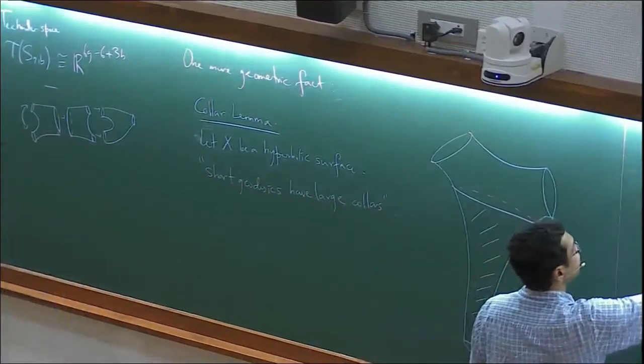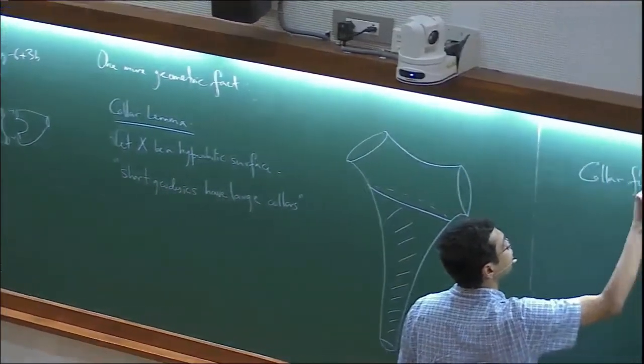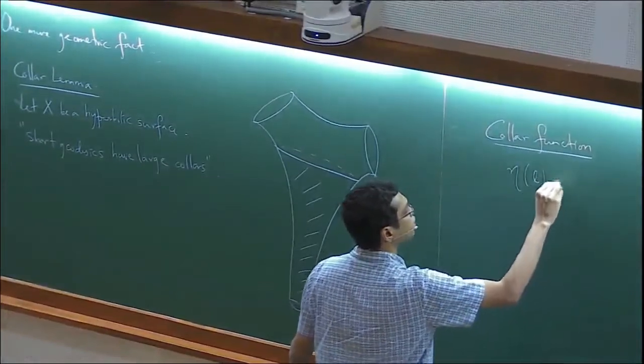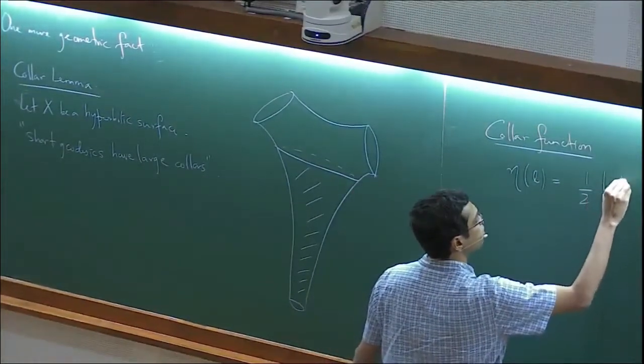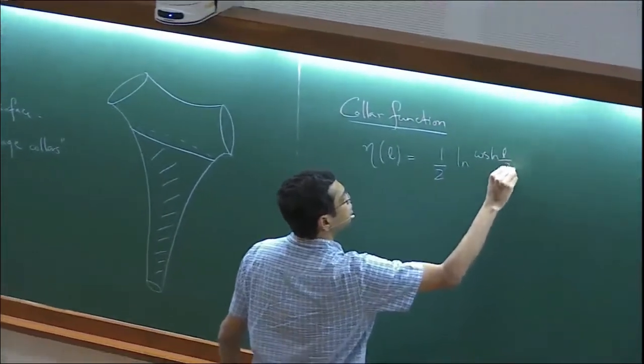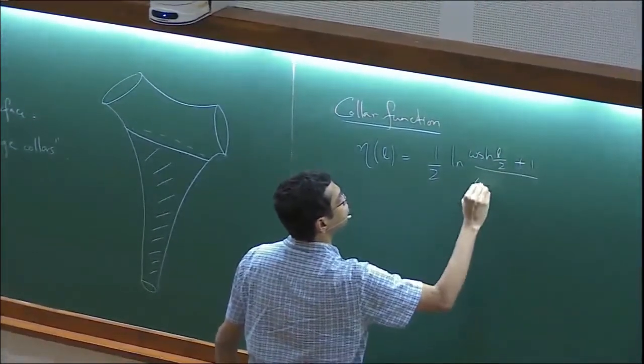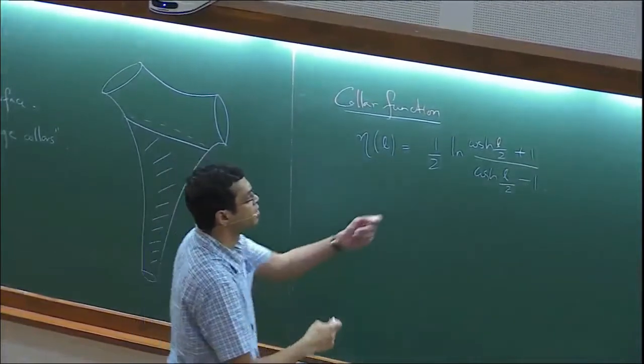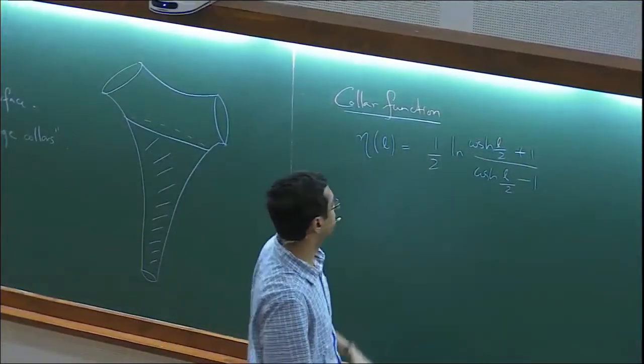So there's something which you can call a collar function, eta of L. It has this expression. So it increases as L decreases.